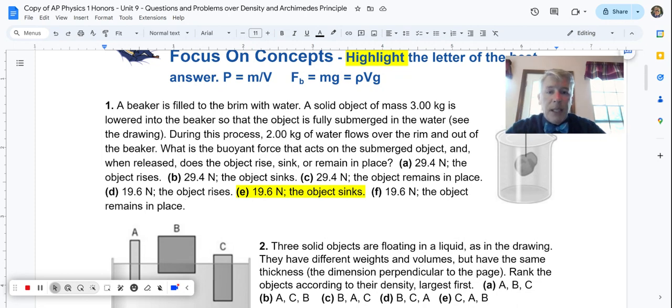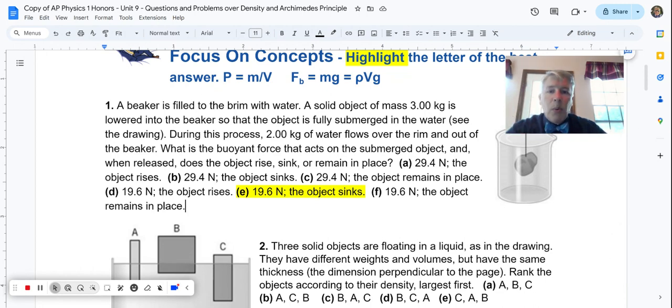So the volume for these objects is basically going to be length times width times height. I'm going to say height is the depth in the water, so it's the vertical distance. I don't really care about the length and the width. Those are not important. The only one that's really important here is the height.